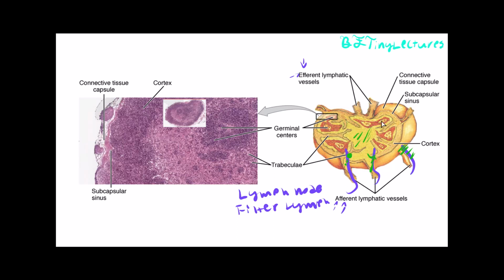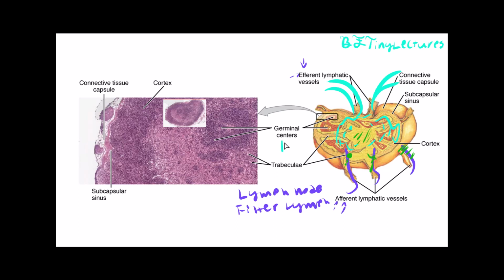So now we have the immune response occurring. So the lymph nodes are going to start creating more immune cells, and these immune cells are going to leave, and they're going to go into the systemic circulatory system, and they're going to travel throughout the body and try to find more pathogens to eliminate.